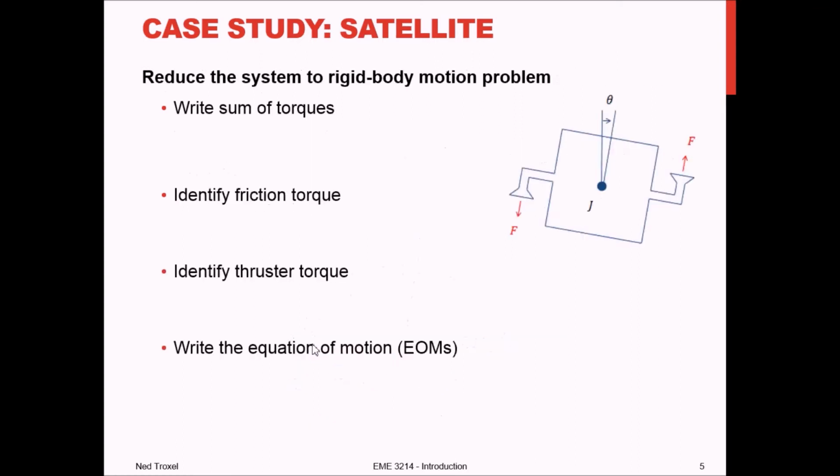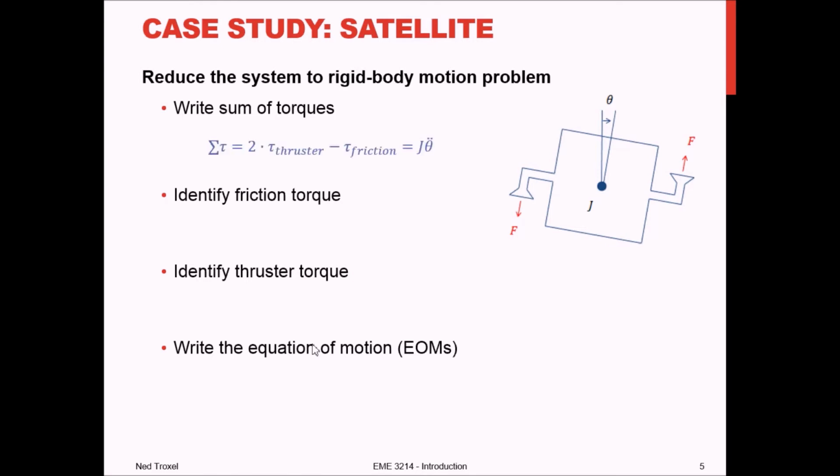Well, first of all, let's break this down into a rigid body motion problem. Nice thing about a satellite, it is almost already a free body. We're going to have two different torques here. One is from the thrusters, that force marked F, and we're also going to have a friction torque. Now, there's not much friction in outer space, but things do eventually slow down, so let's include that as well.